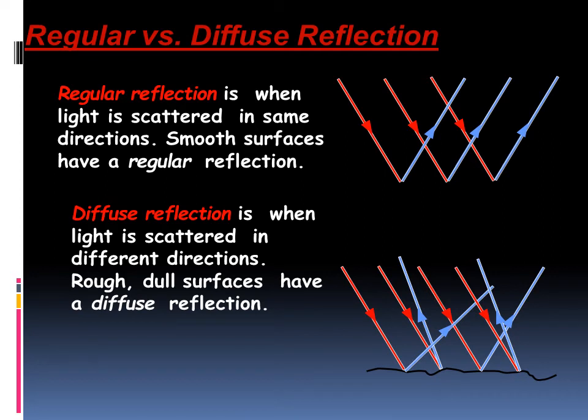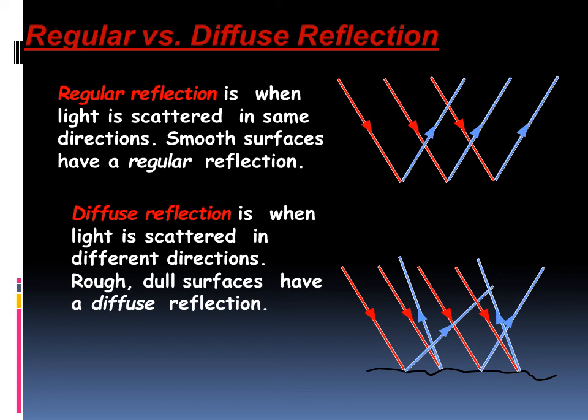Then we have regular and diffused reflection. What do we mean by regular and diffused? Regular reflection is when light is reflected in the same direction. This red portion is the incident ray, and when it is reflected in the same direction, it is called regular reflection. This type of reflection only occurs when the surface is smooth. But if the surface is uneven, rough or dull, what will happen?